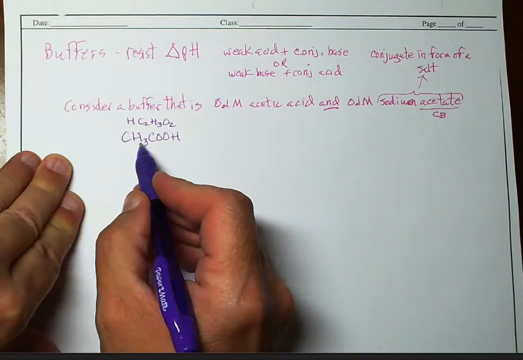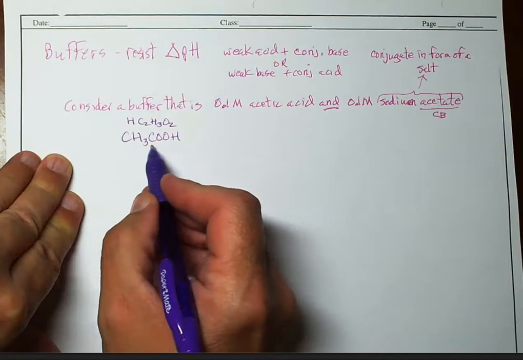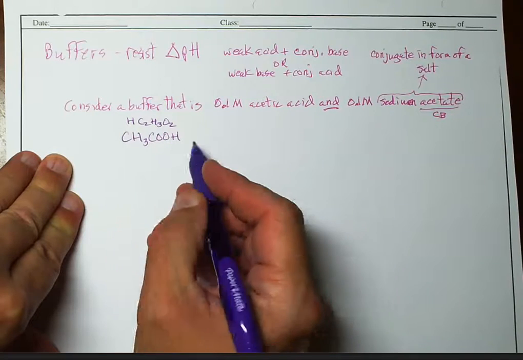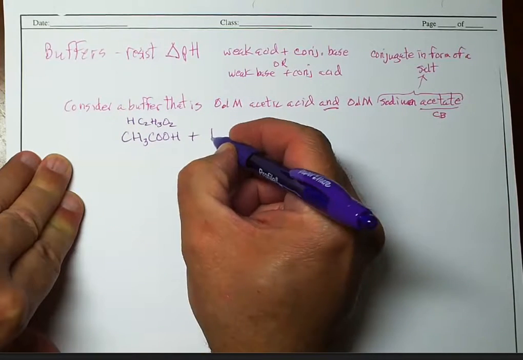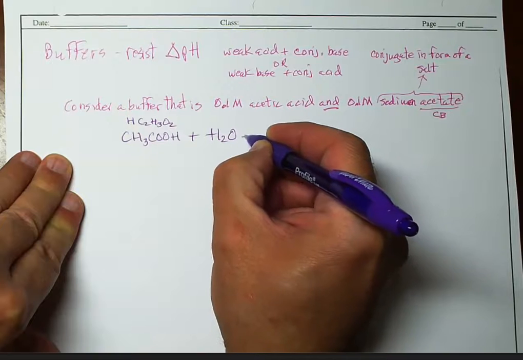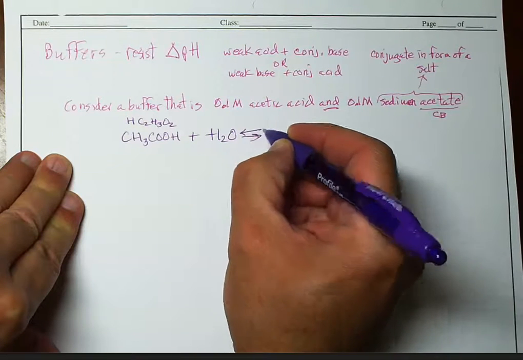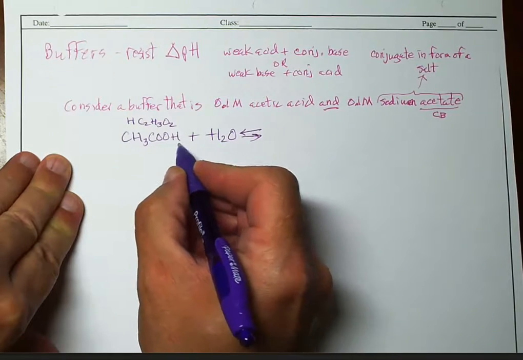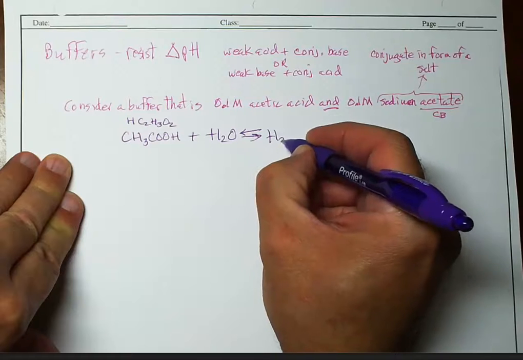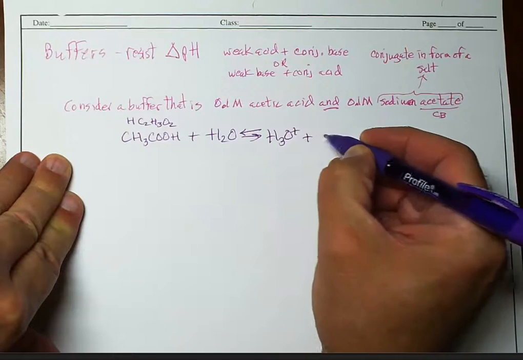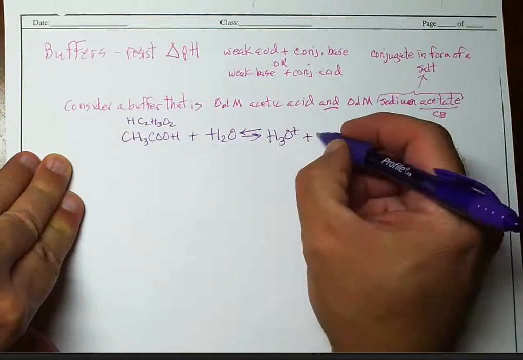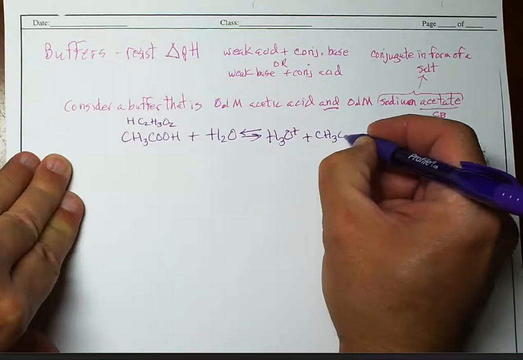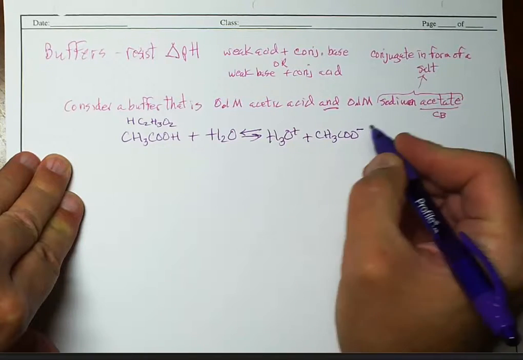In organic chemistry, it's usually written this way, or CH3CO2H. Anyway, that's going to react with water to produce, acid. It's going to give this hydrogen to the water, which will turn the water into hydronium. And it's going to leave behind all the rest of this, which is CH3COO negative.